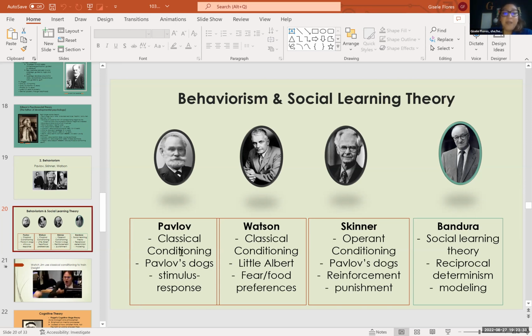So Pavlov used his dogs. Watson was super unethical and used a child.